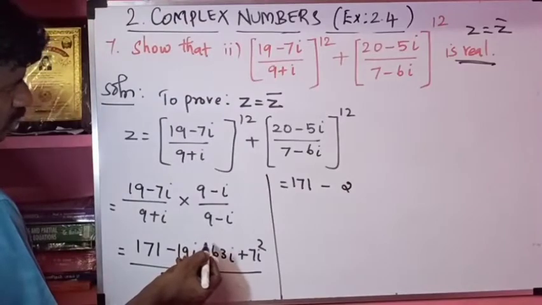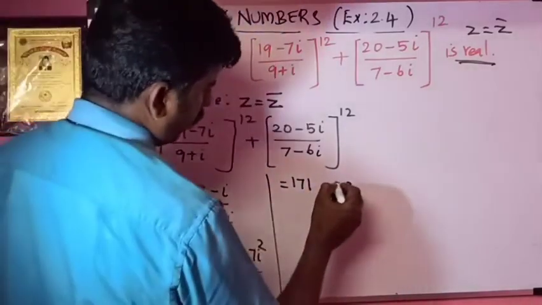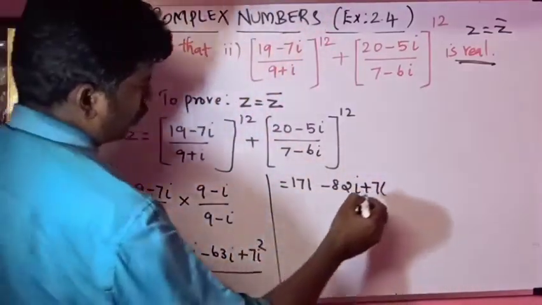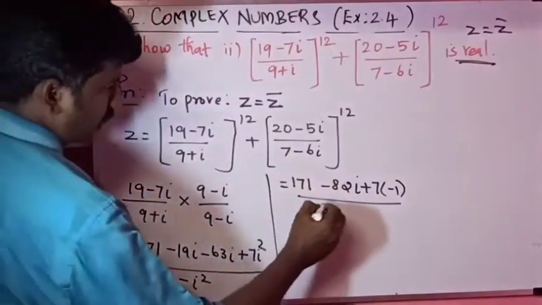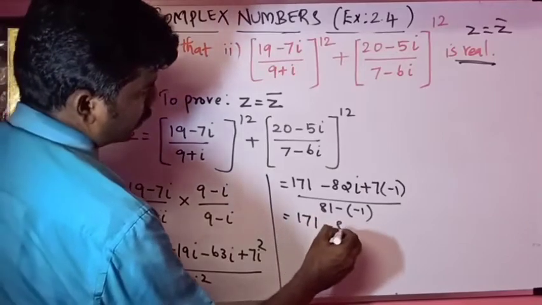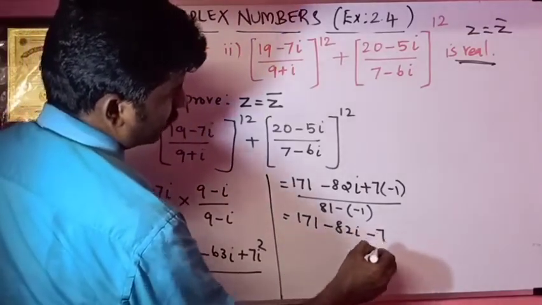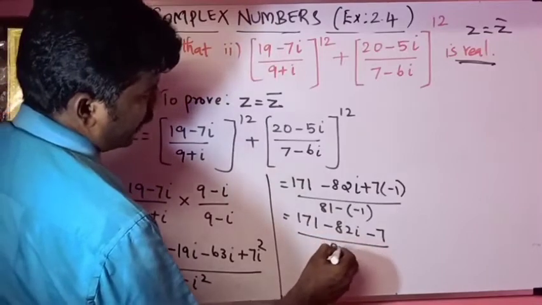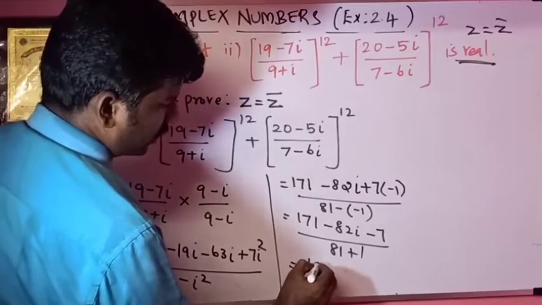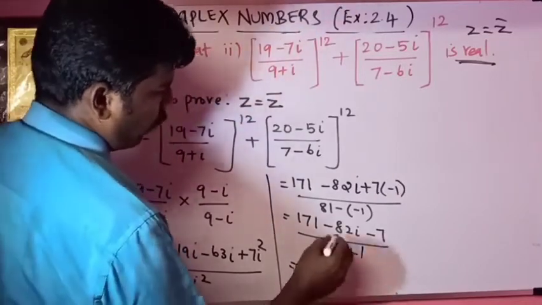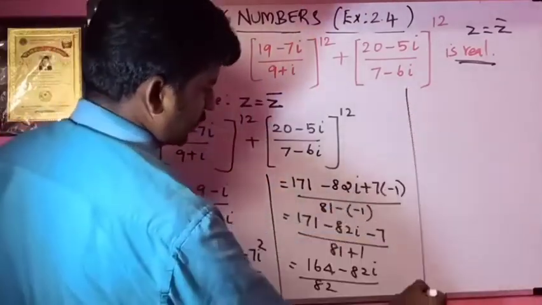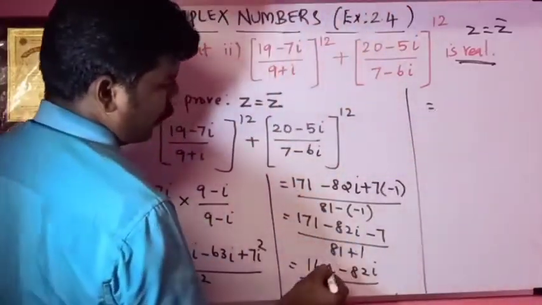This is remaining 1, 1 plus 6, 7, 7 plus 1, 8, the 82i, plus 7 times i square value minus 1, the whole divided by 81 minus i square value minus 1. 171 minus the 82i, minus 7, divided by 81 plus 1. 171 minus 7 is 164, minus 82i by 81 plus 1, 82. This can be written as 164, 82.